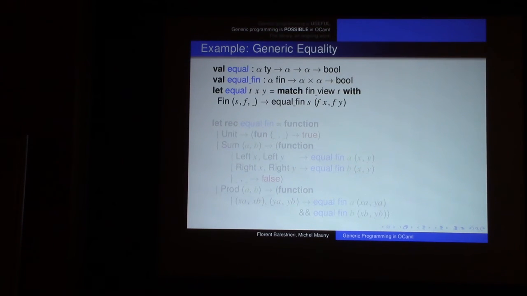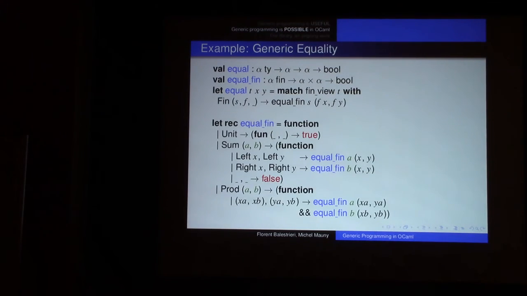The generic function that the user will use is a typed index function, so a ty. But the actual implementation is defined over the view. So here, alpha fin. And the top level function just calls the view and computes the generic function over this view.